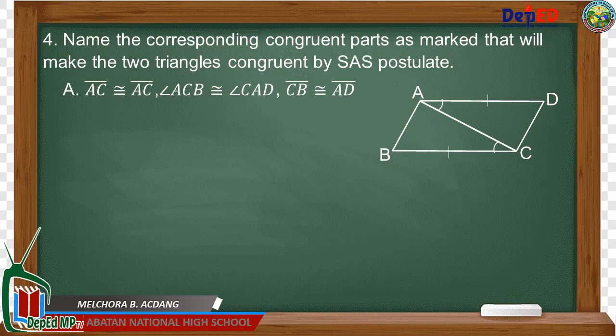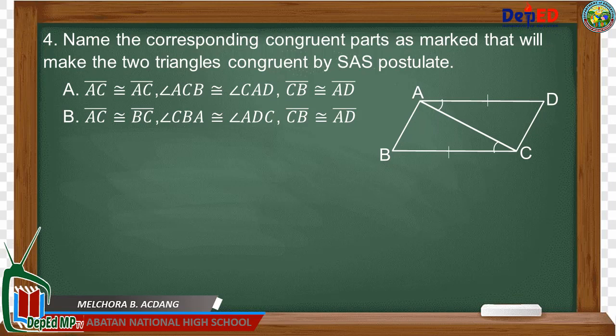Letter B. Line segment AC is congruent to line segment BC. Angle CBA is congruent to angle ADC, and line segment CB is congruent to line segment AD.